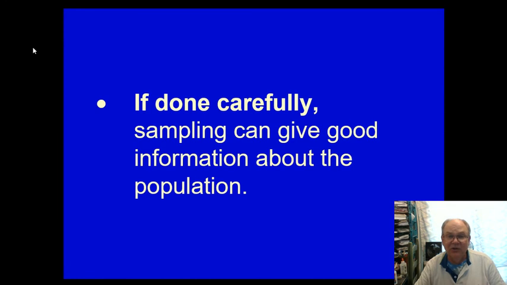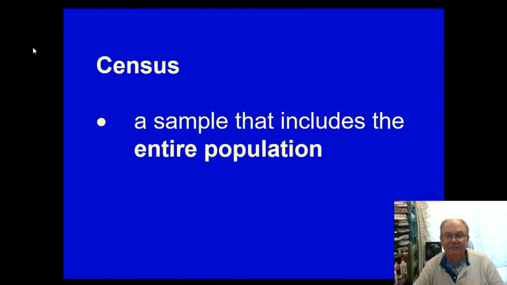The key word on your screen, though, is carefully. You do need to be careful when you gather a sample because there are a lot of things that can go wrong. What we want is a sample that's as close to the whole population as it can possibly be. But sampling: a small group represents the whole group.